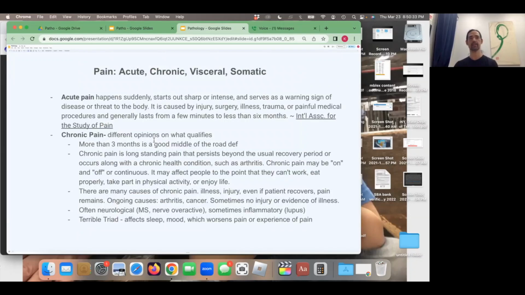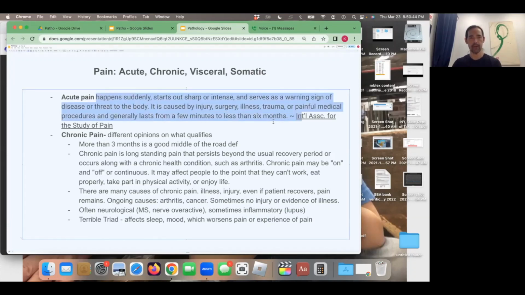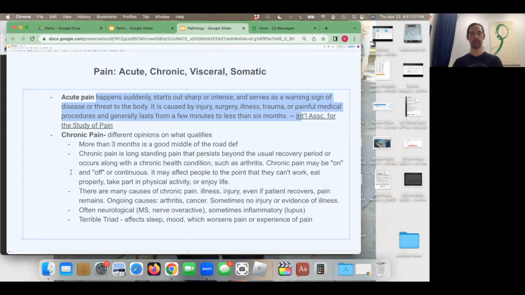All right, let's look at acute pain versus chronic pain. I'm going to tell you about visceral and somatic because I don't have a slide for it. Acute pain, let me just read this whole thing for you. Acute pain happens suddenly. It starts out sharp or intense and serves as a warning sign of disease or threat to the body, like an ankle sprain or a fracture. It's caused by injury, surgery, illness, trauma, or painful medical procedures.